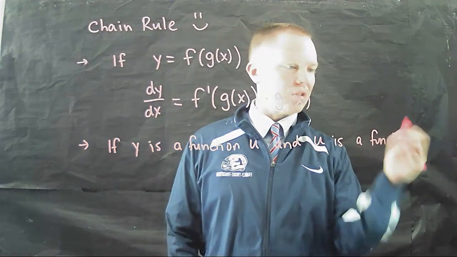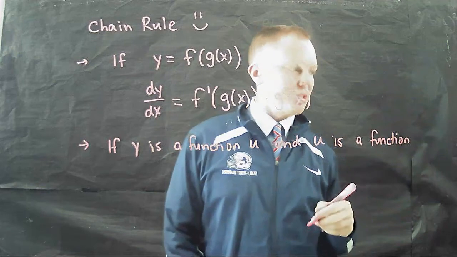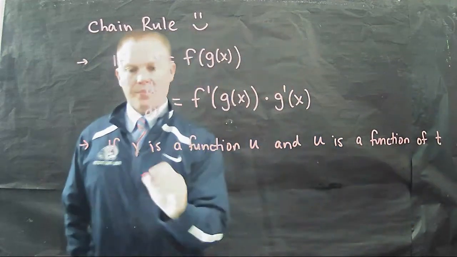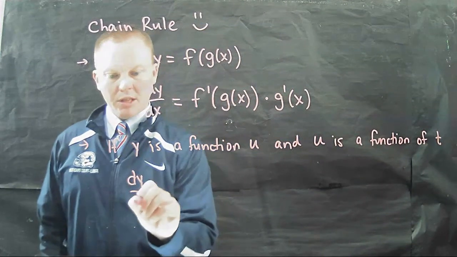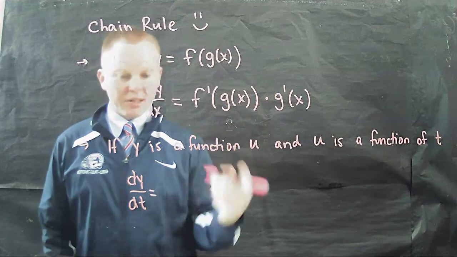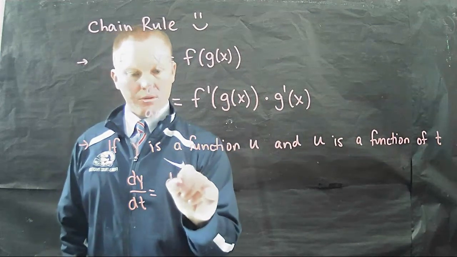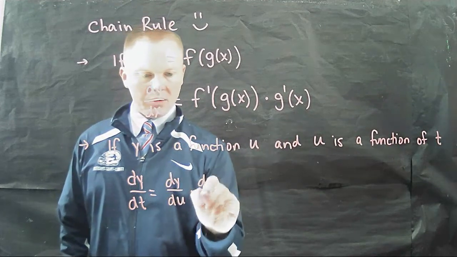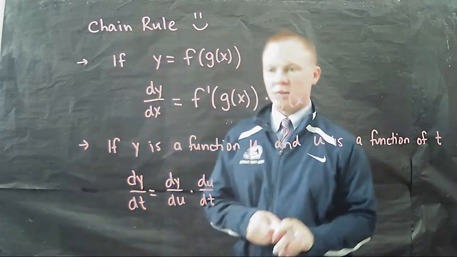Actually, let's use t here just to mix it up. If u is a function of t, then dy/dt, the derivative of y with respect to t, is equal to dy/du times du/dt.